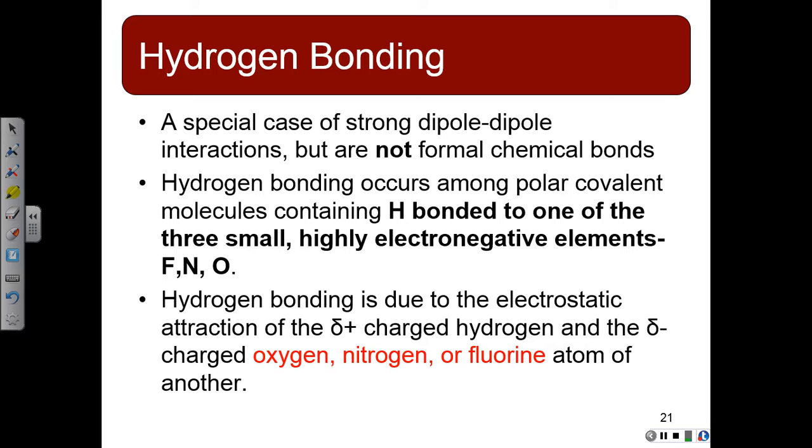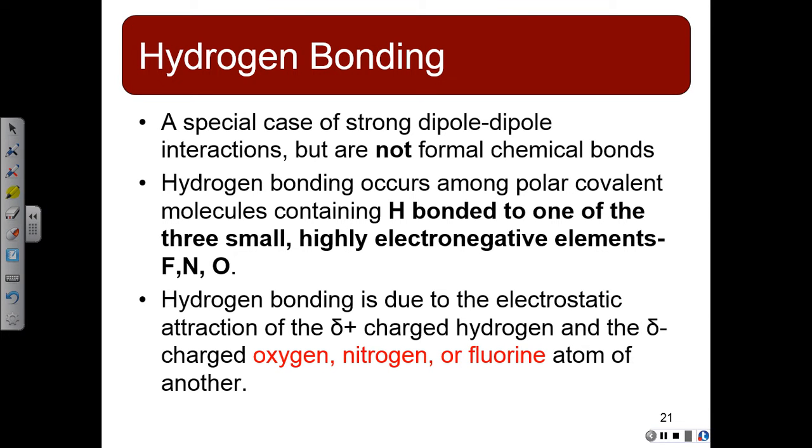Hydrogen bonding is actually what we showed over here before we ever got started. It is a strong electrostatic attraction, meaning positive charge is attracted to negative charge, or vice versa. It happens with molecules that have a hydrogen bonded to an oxygen, nitrogen, or fluorine. It doesn't have to be all of them, just one of them.